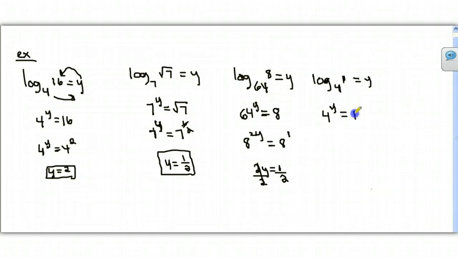So how do you make these bases the same? What's 4 to the 0 power? There you go. So instead of having 1, you got 4 to the y equal 4 to the 0, because 4 to the 0 is equal to 1.